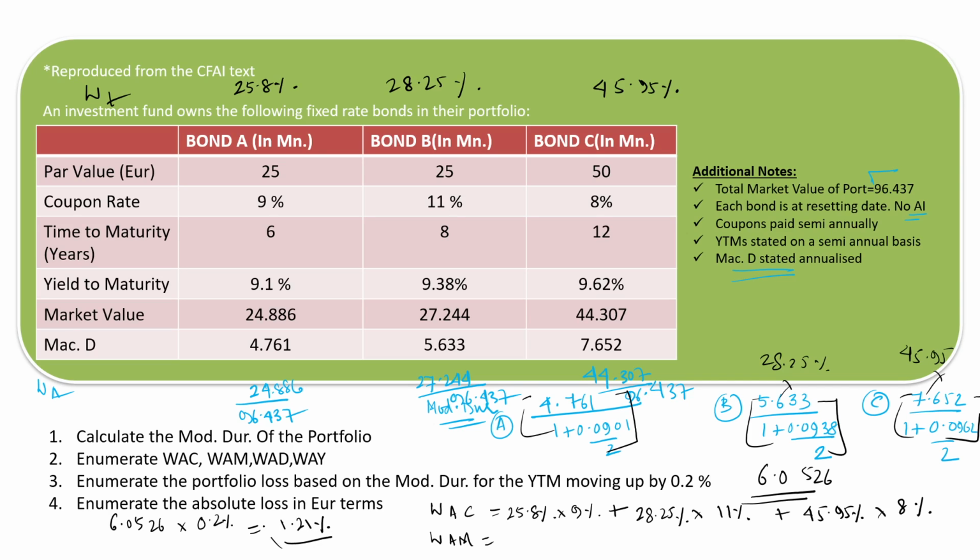So this 1.21% is the portfolio loss for a yield curve shock of 0.2%.